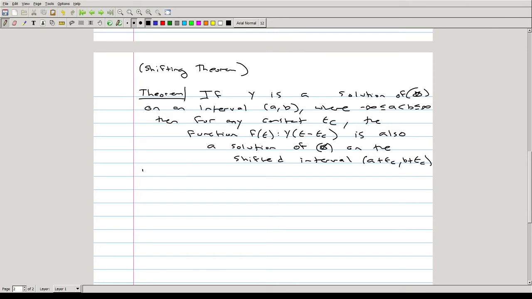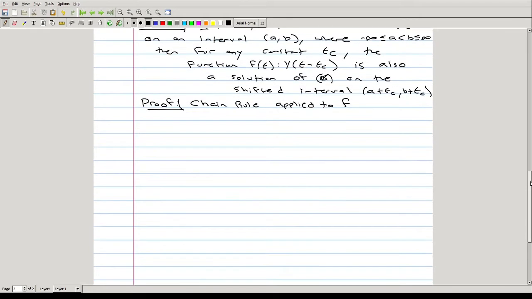And the proof of this is rather easy to go through. You just need to apply the chain rule to the function. But this is going to be important a little bit later on in some of the later proofs that we'll do for such differential equations.